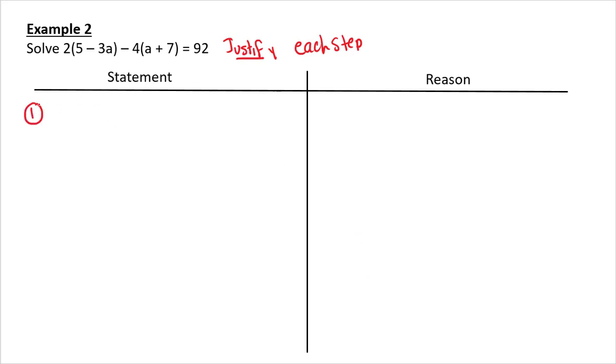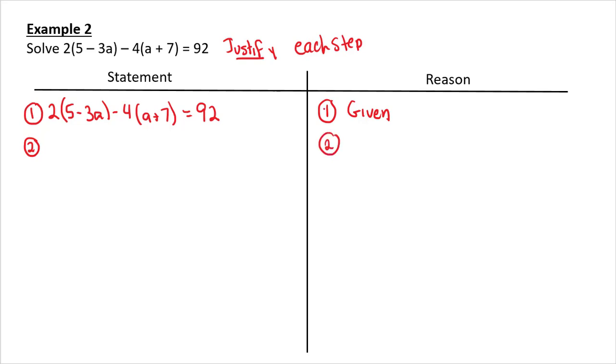So the first step in any 2-column proof, or any proof in general, is you write out what you're trying to solve. And your first reason is always the given. Second step, you do something with that, okay? Distribute the 2 through.